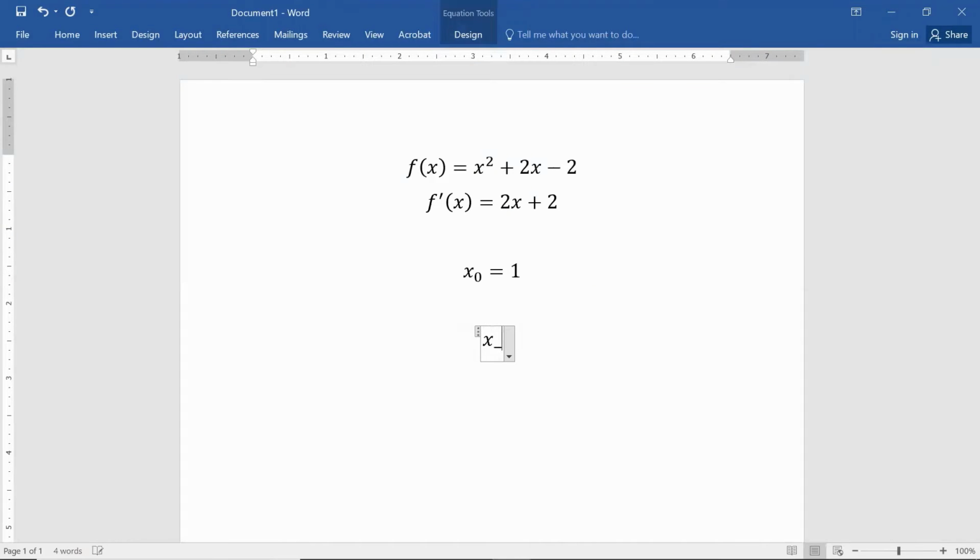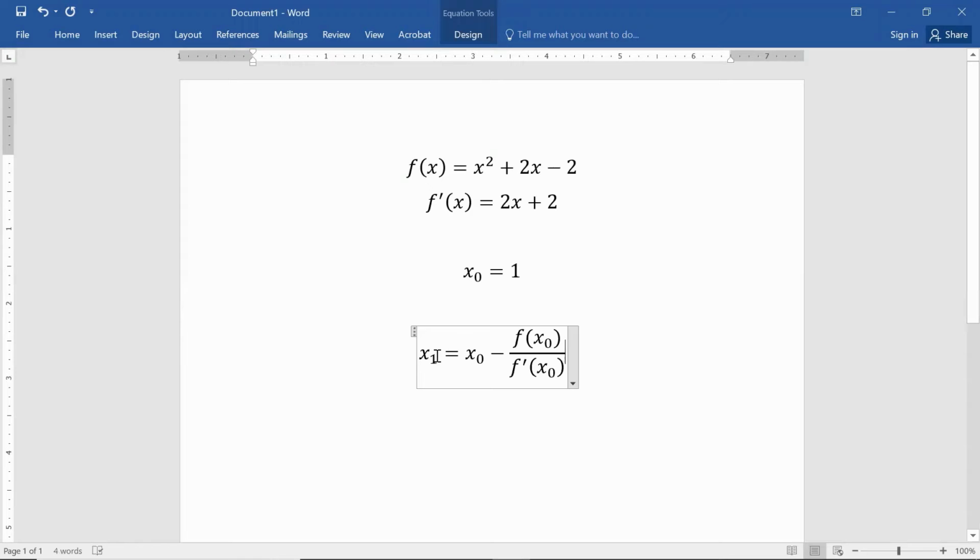So x1, our next guess, is going to be x0 minus f of x0 divided by f prime of x0, right? By the algorithm we just saw.